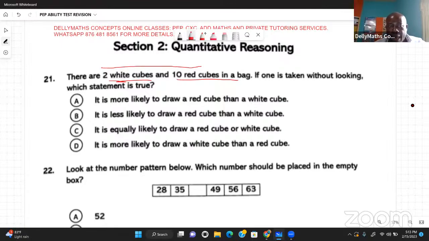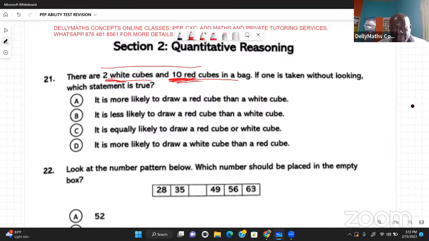You're not looking, right? Look away, put your hand in the bag and take it out. Which statement is true? Remember, there are a lot more red than white, 5 times more. So watch the question. With this probability wording, it is more likely to draw a red cube than a white.